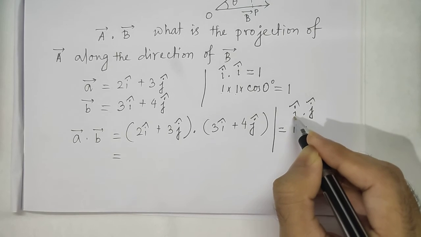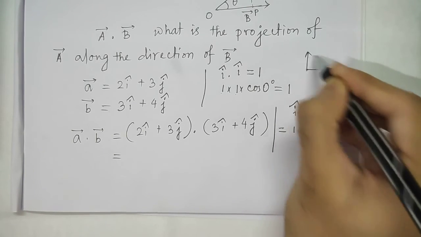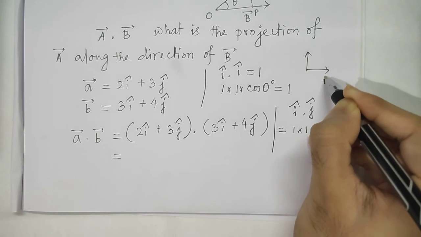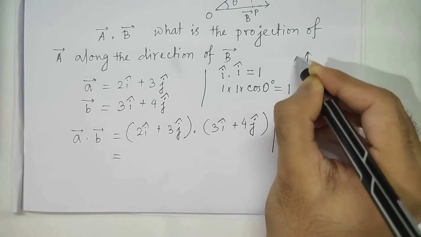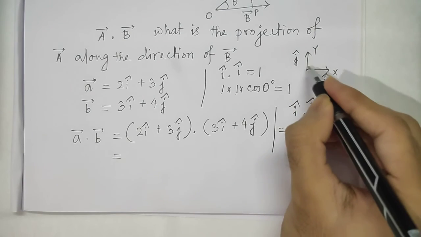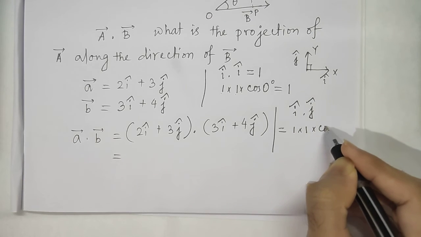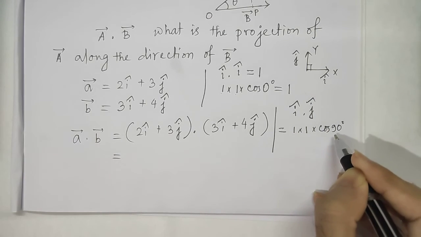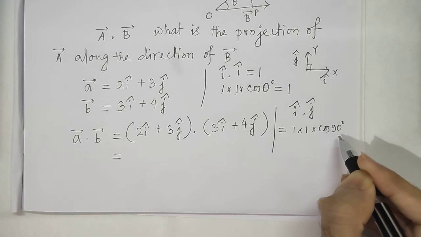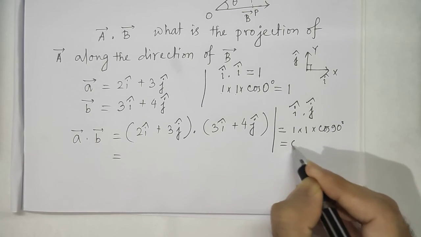But the angle between i cap and j cap, if I draw it, this is along the i cap and this is j cap, because this is the y axis and this is the x axis. This is the angle between them. It is 90 degrees, so cos 90 degrees, and we know that cos of 90 degrees is 0. That's why this value is 0.